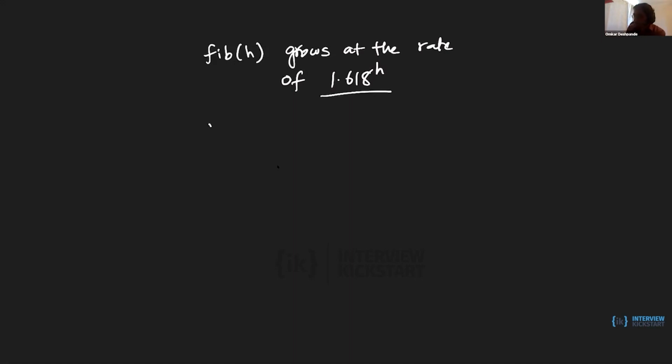But if n of h is growing at the rate of, or if we say n of h is some constant times 1.618 to the power h, then you can actually take log of both sides, right?